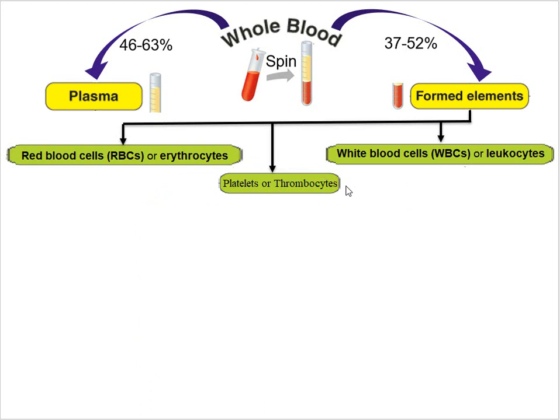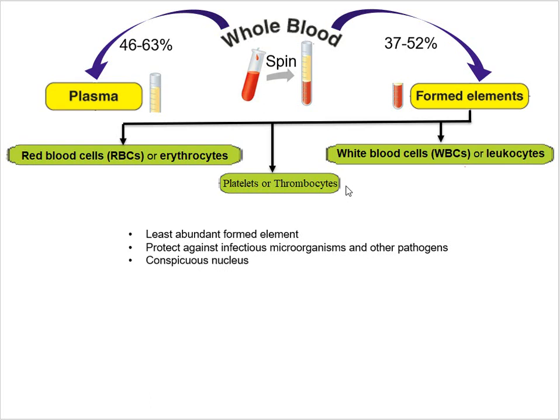Now we're going to move to the next one, which is the white blood cells. White blood cells are the least numerous of the blood cells. They're important in the fight against pathogens and infection, and also in clearing debris from the cell.